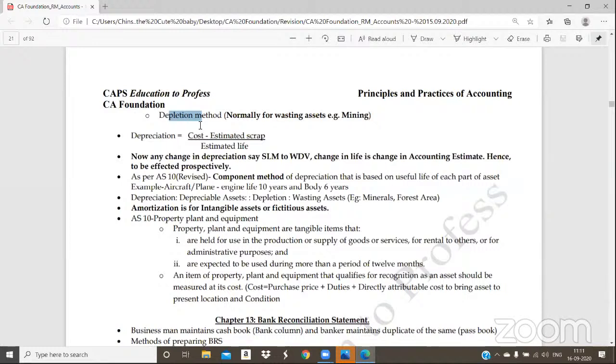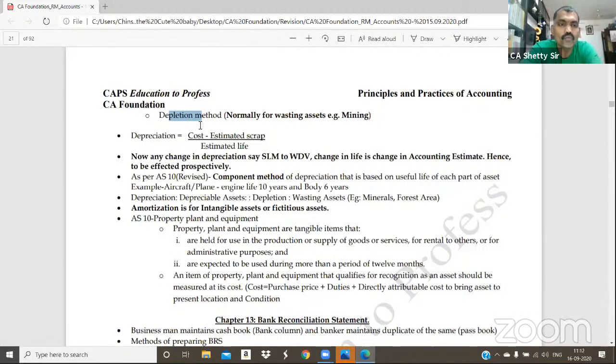What you cannot see is called intangible. Third remark, depletion. Depletion is for wasting assets.